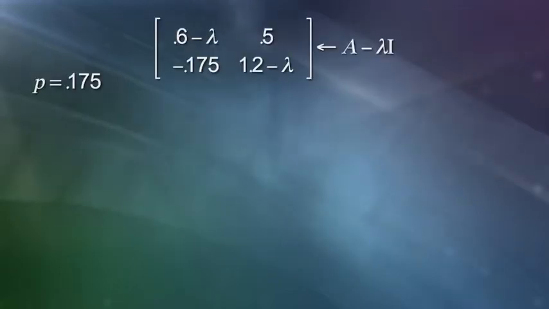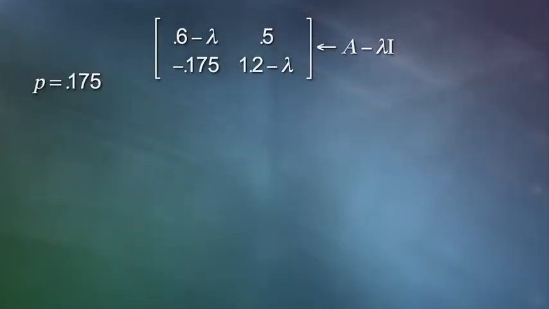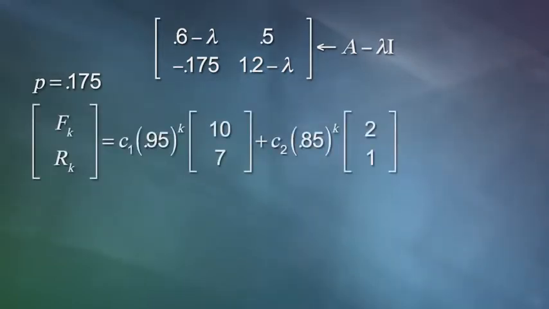In the case of high predation, if we look at what this means for p equals 0.175, then we see that (f sub k, r sub k) equals C1 times 0.95 to the k times the eigenvector (10, 7), plus C2 times 0.85 to the k times the eigenvector (2, 1).